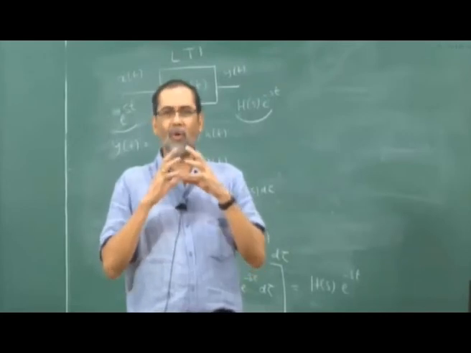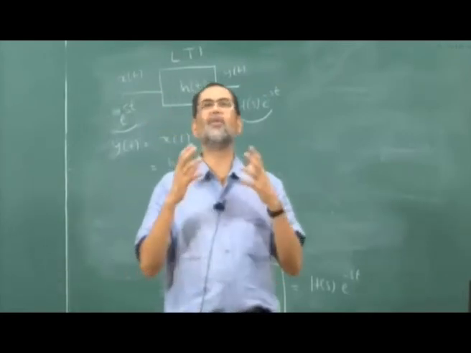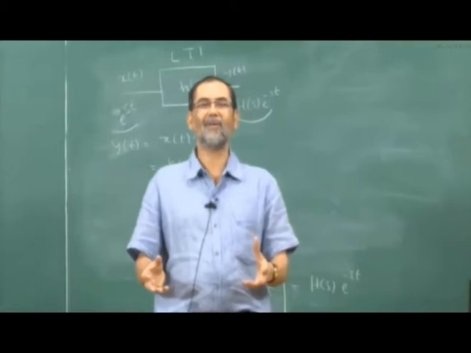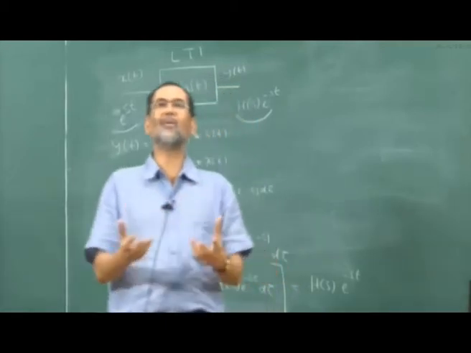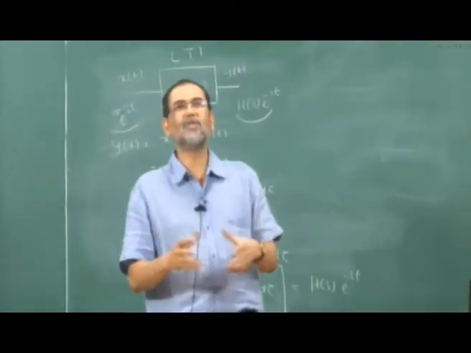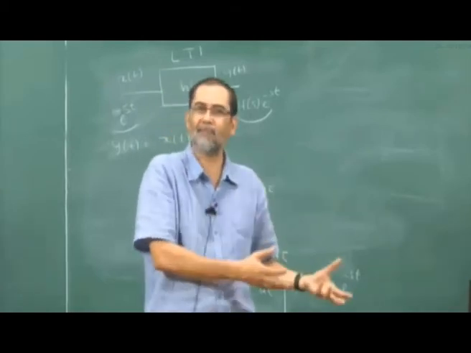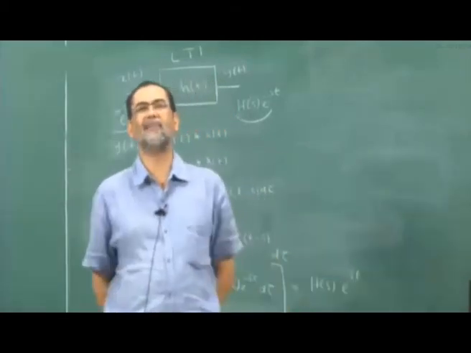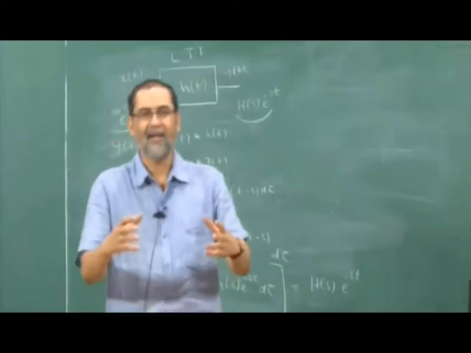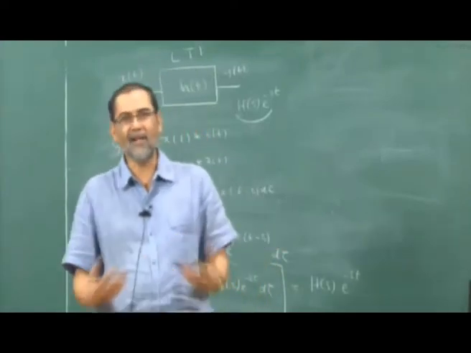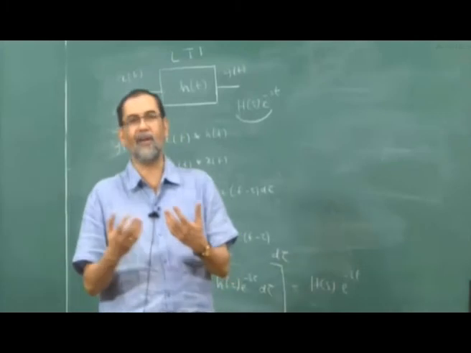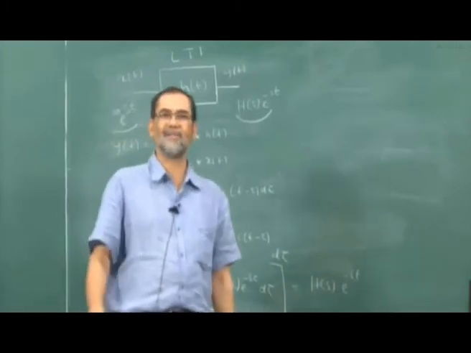They do not change the frequency, they do not generate new frequencies. A corollary to this is, if a system generates new frequencies which are not present in the input, then it cannot be a linear time invariant system. It has to be necessarily a linear time variant, or a non-linear system.